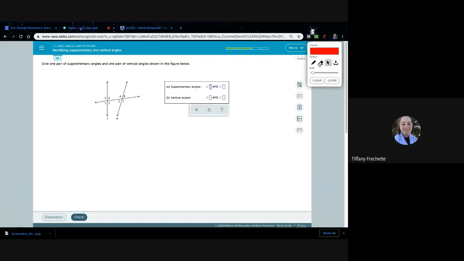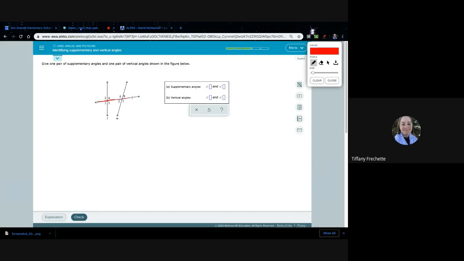All right. So let's do this next one. So we have supplementary angles. And so we want to do this on a line. So I'm just going to choose a line, and I'm going to go this way.